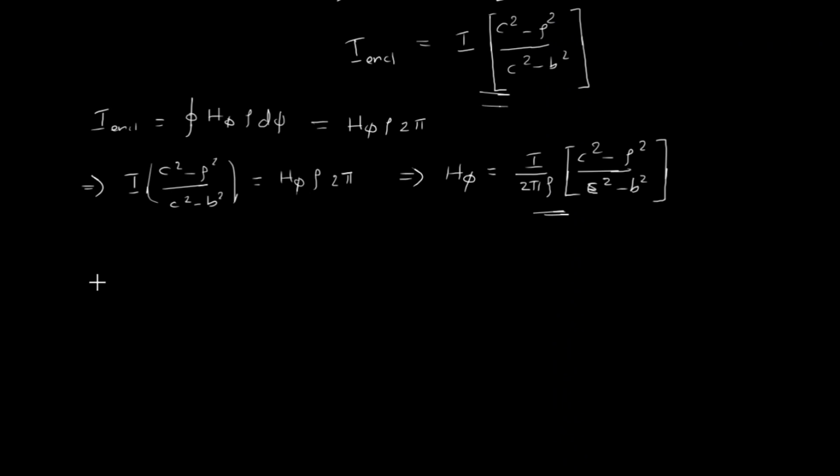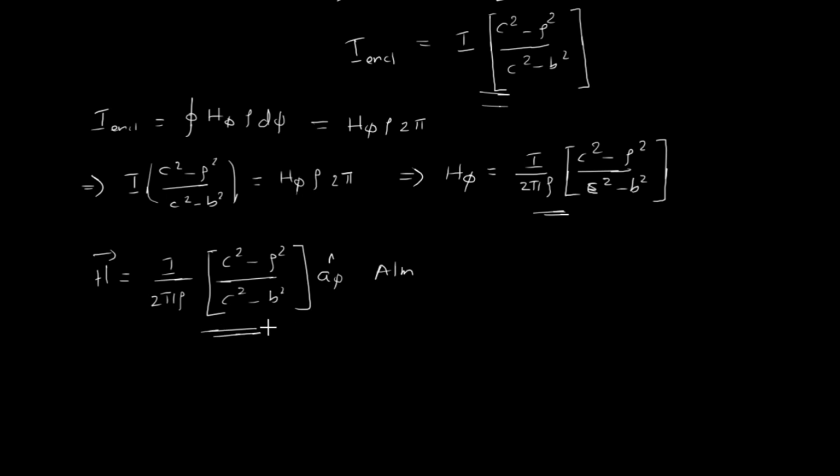So in this case I get my H vector as H = I/(2πρ) · (c² − ρ²)/(c² − b²) a_φ cap ampere per meter.